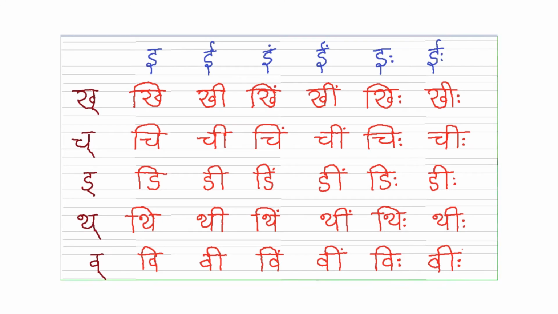That extra vertical line is what will be your anchor. For the E, you will start from that extra vertical line. For the E also you will start from the extra vertical line, like how we have seen for the K.